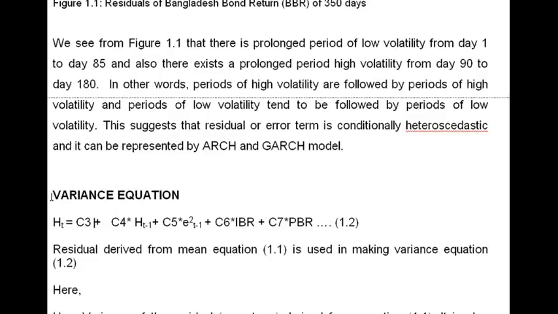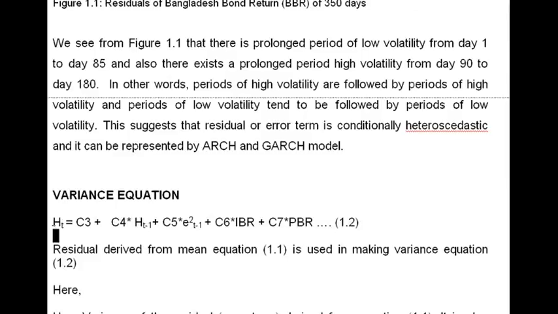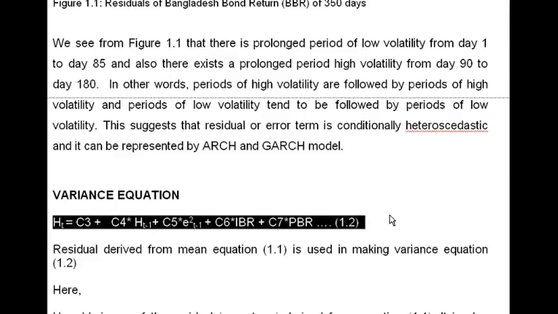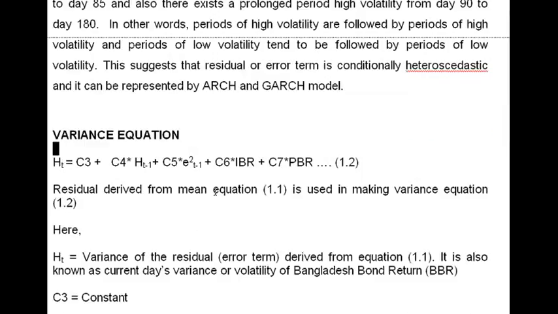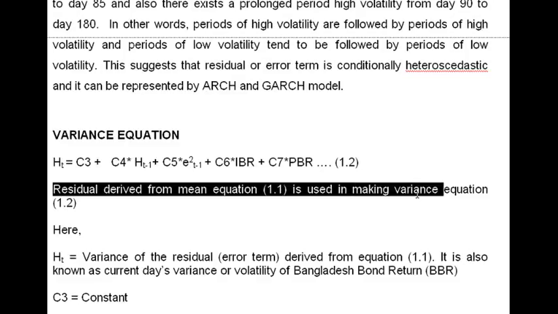You can see from here, the residual derived from mean equation 1.1 is used in making variance equation 1.2. That means equation 1.2 has actually been derived using the residual of equation 1.1.